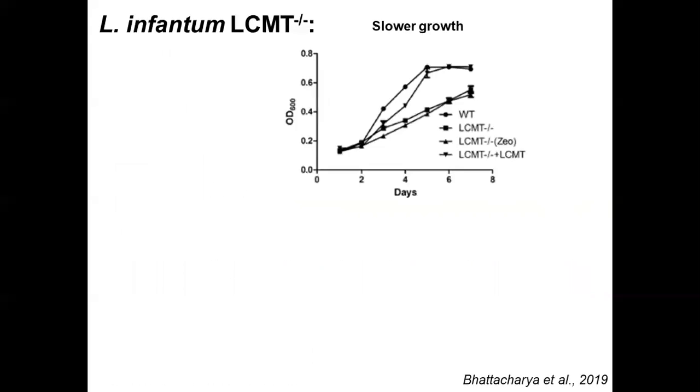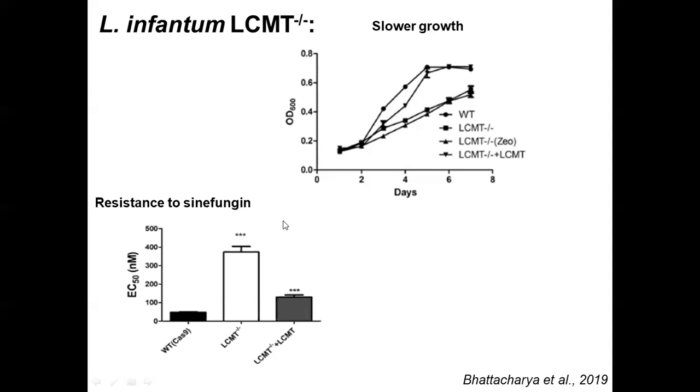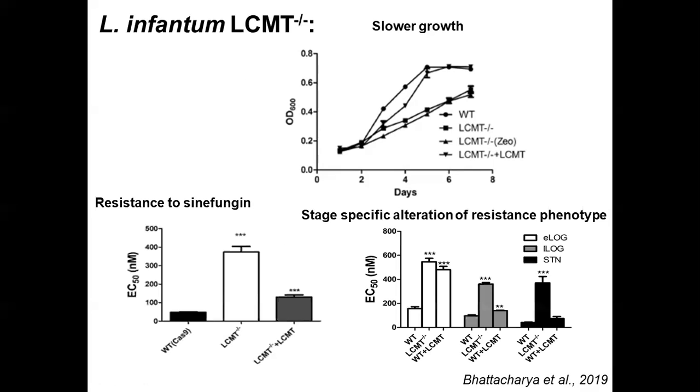In order to decipher its role, we made a knockout of this enzyme in Leishmania infantum, and these knockout cells were a little bit sluggish in terms of growth rate. These cells showed enough resistance against sinefungin. Interestingly, the overexpressing cells also showed resistance, but they showed maximal resistance at early log phase of growth of the parasite.